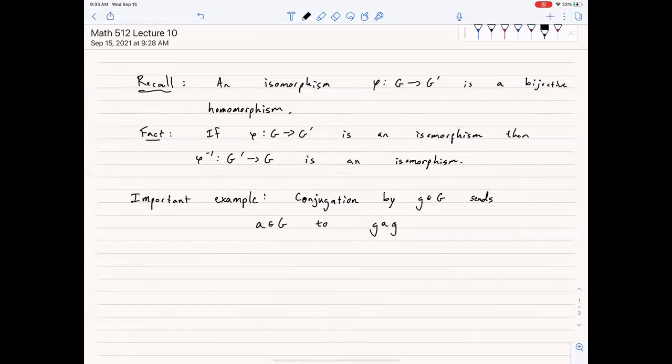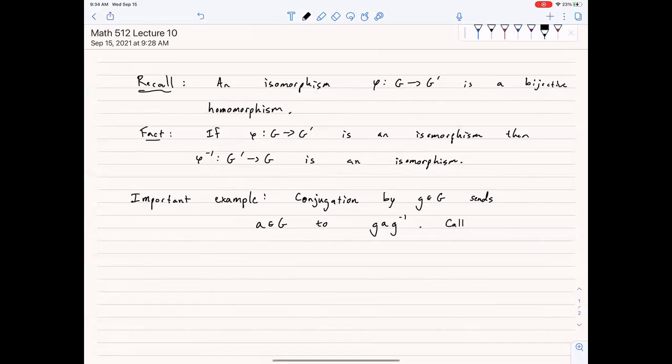Clear? Sometimes you would switch that. Well, I'll just leave it. I think that's what Artin does. So let's give this a name, eta.